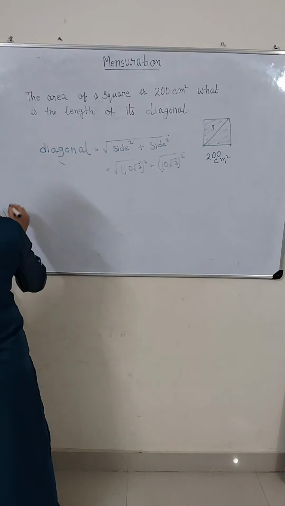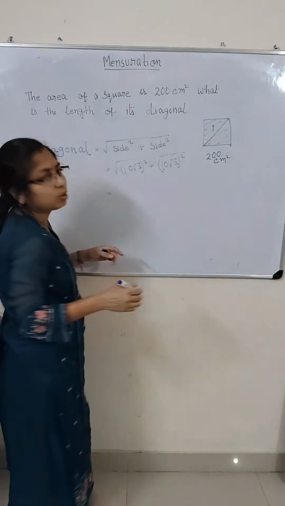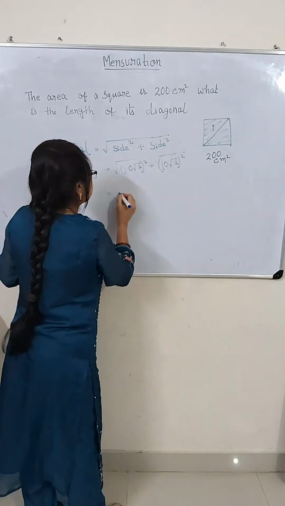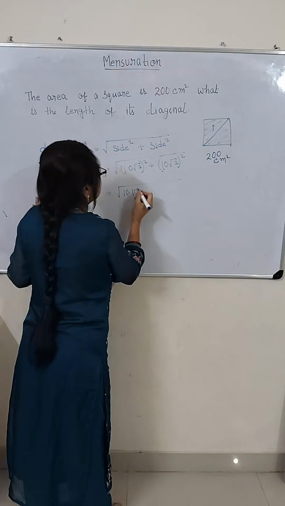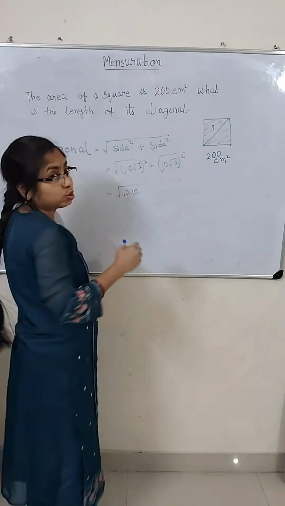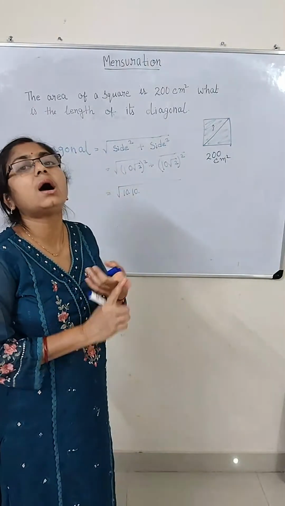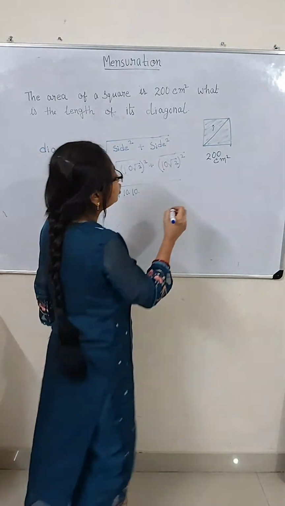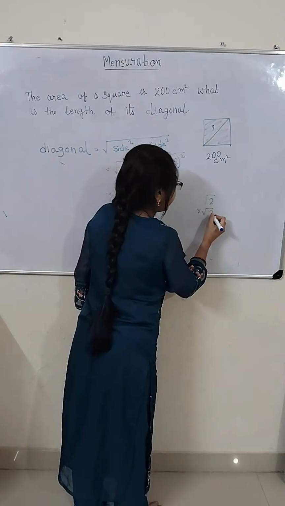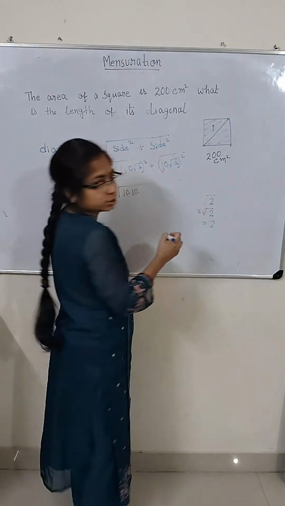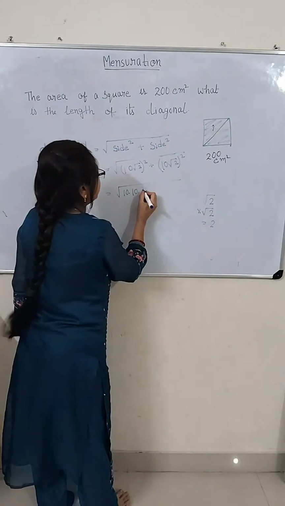Root 2 whole square means 10 into 10 into root 2 into root 2. Root 2 into root 2 is only 2, so I write 2.